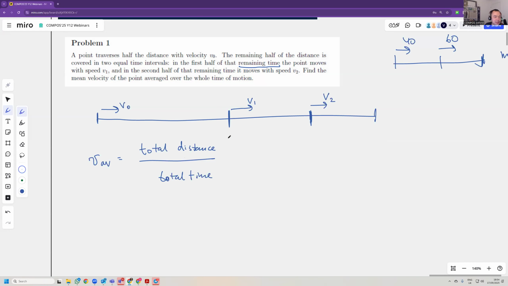Okay, so let's say we have the total distance. Let it be 2s, that means this distance is s, and then we have time t1, and the distance is v1 t1, and this is v2 t2, right?